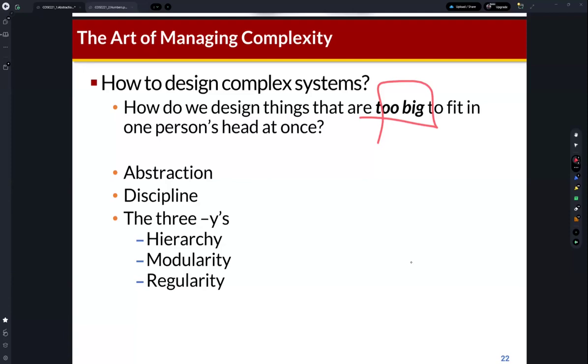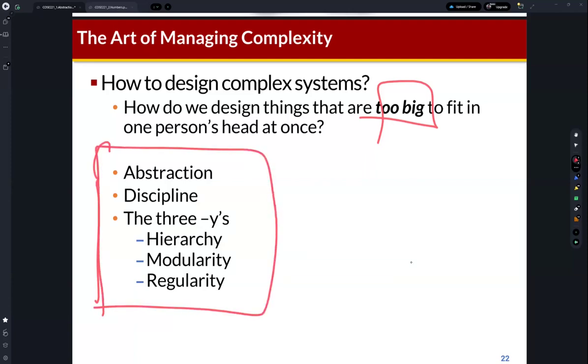But we can use these approaches or these concepts. As you can see, you can find abstraction and discipline, and then here, the hierarchy, modularity, and regularity. So these are some principles for designing very complex systems.